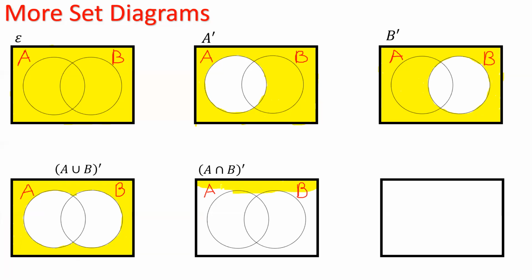So the intersection complement is going to be everything except for the intersection. We don't want anything in the middle part. I can show you. Everything except the middle part.